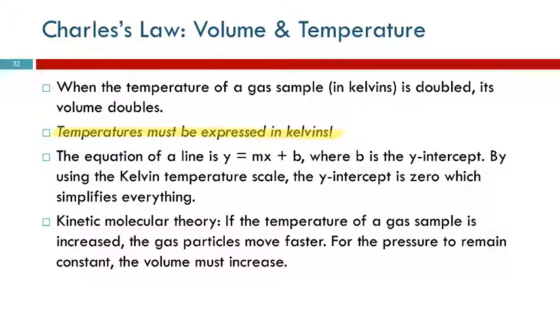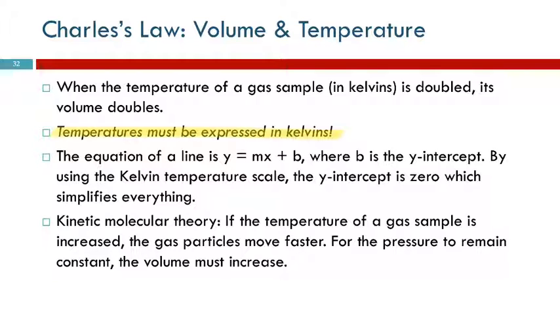So kinetic molecular theory explains this. Let's think about the gas particles. If we increase the temperature, what does that do to the speed of the molecules? It increases. They're moving faster. When gas particles move faster, they're going to collide with the walls more frequently and with greater force.